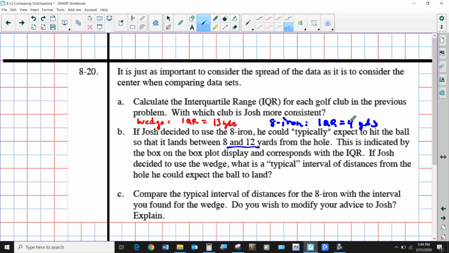So it'd be like a 4-yard interval. So now, if he has a consistency of typically about 4 yards plus or minus from his average with an 8 iron, but 13 yards plus or minus from his average with the wedge, which one is more consistent? It looks like the 8 iron is more consistent.